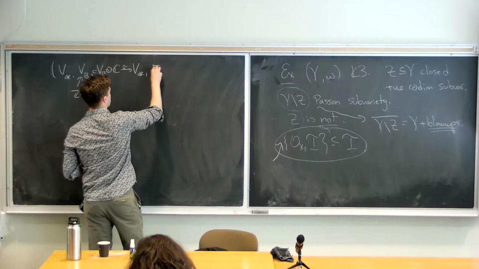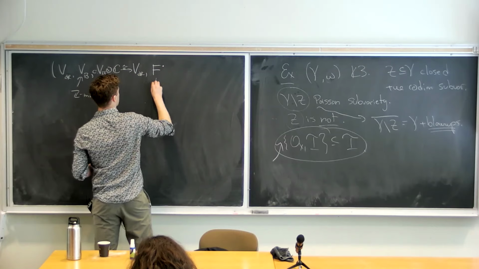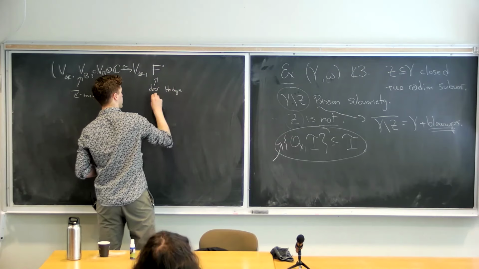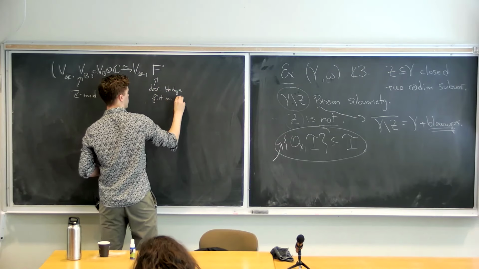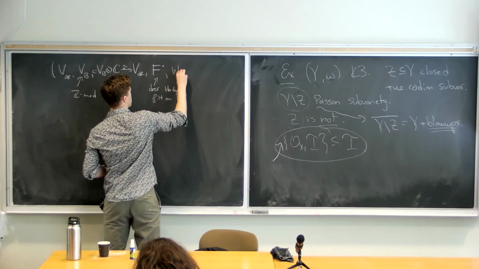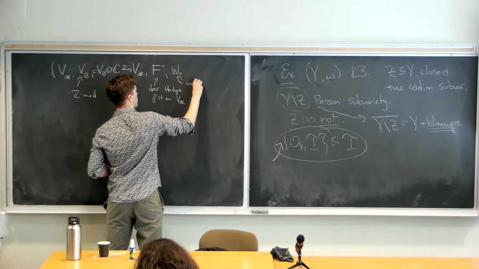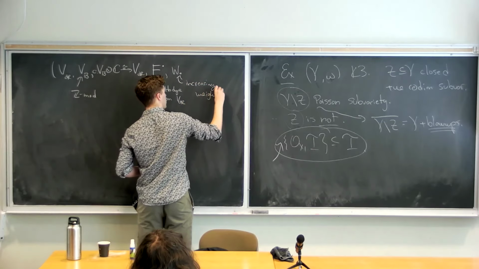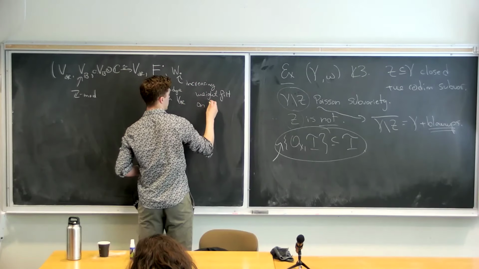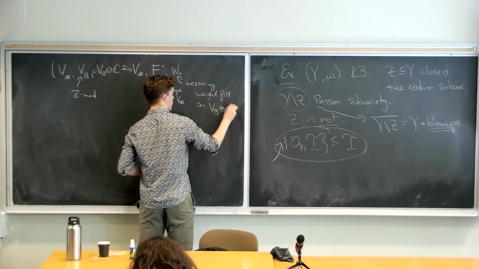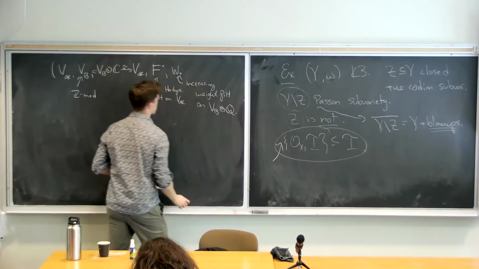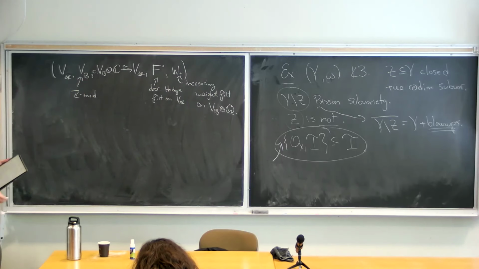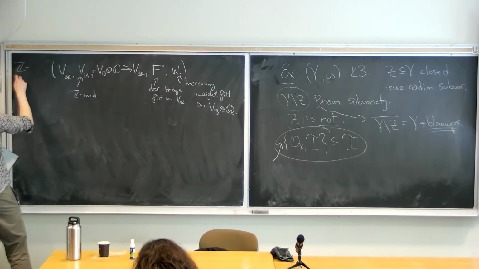And then I've got a decreasing filtration, say the Hodge filtration, on V de Rham, and I've got an increasing weight filtration on V Betti tensor Q. Okay, so I'll explain where all of these things come from in our context, but this is what you would call a Z mixed Hodge structure.